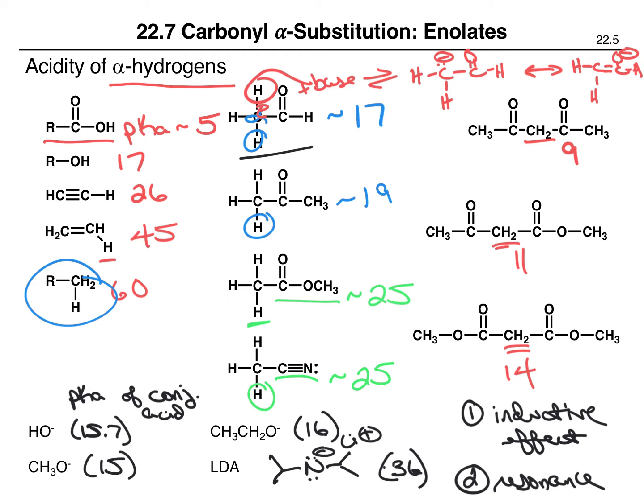So even though the resonance hybrid looks more like this, I like to draw them like this because it helps me to think about the reactivity. Either one is acceptable. You need to remember that what actually exists is the resonance hybrid.